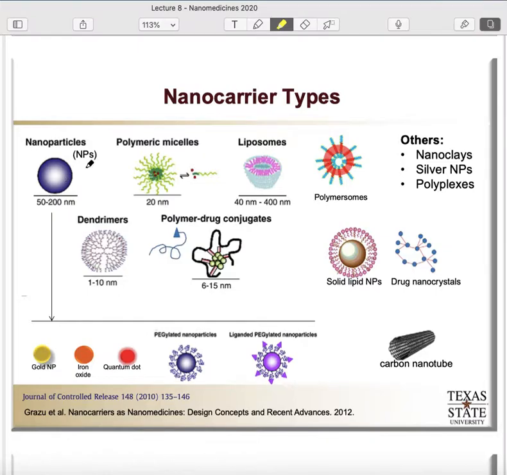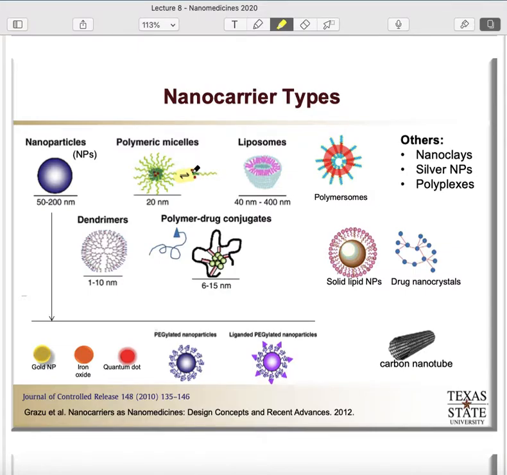Other than nanoparticles, we can also have micelles. So a micelle is actually a dynamic structure, and that's something that is important. So it's not a solid nanoparticle. As you know, micelles are made from the self-assembly of either block copolymers or amphiphilic molecules, if you would. But they are dynamic in that it is a reversible process going from the self-assembled structure to the solution of those individual molecules.